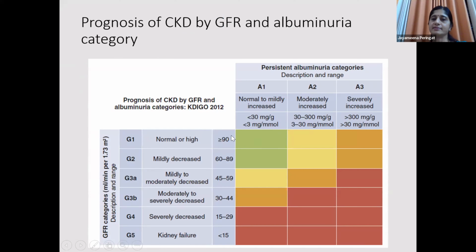The patient has a GFR of more than 90 with a normal albuminuria range. So the green forms mild, the yellow is almost normal, this is mild, this is moderate risk. Orange forms moderate risk, and the red columns form the high risk patients.